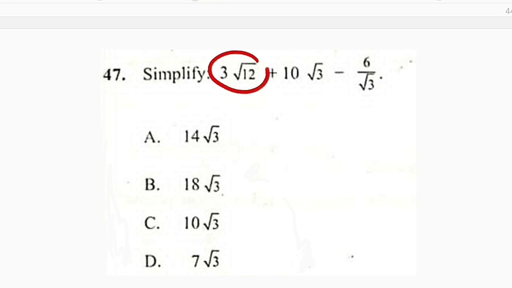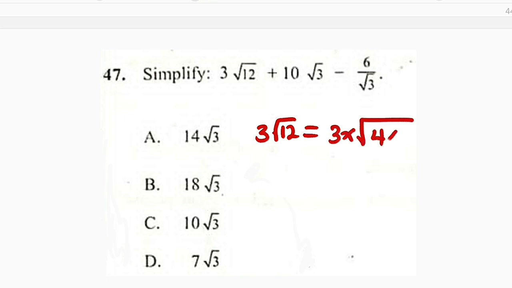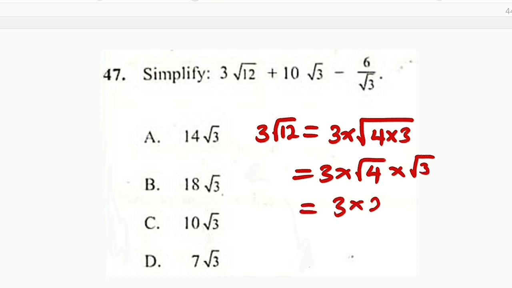Let us start by simplifying this. Let me even write it here. 3 root 12 is the same thing as 3 multiplied by root of 4 times 3, which is equal to 3 multiplied by root of 4 multiplied by root of 3. And 3 multiplied by root of 4, which is 2, then times root of 3, is equal to 6 root of 3.